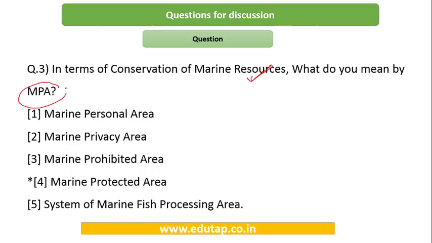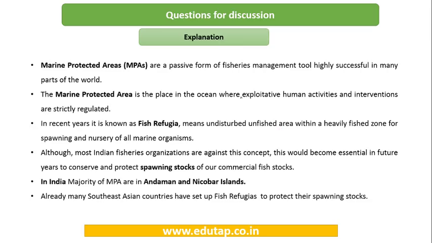MPA? It is nothing but marine protected area, right? A very direct question. These are those areas in the oceans where fishing is restricted, where you do not want exploitation by human activities. In recent years, these protected areas are also being named as fish refugia.